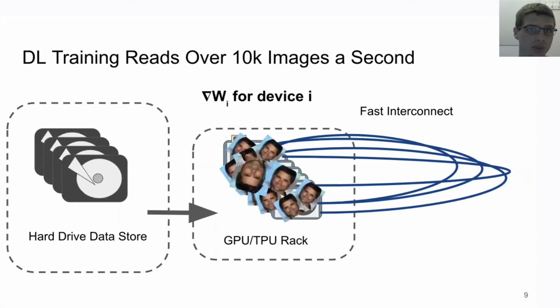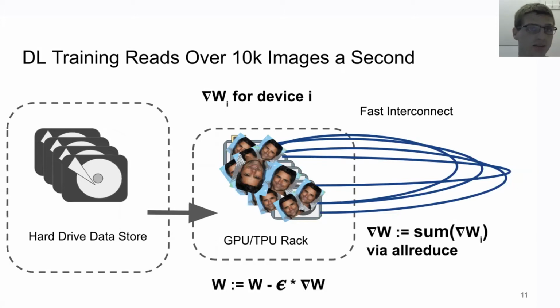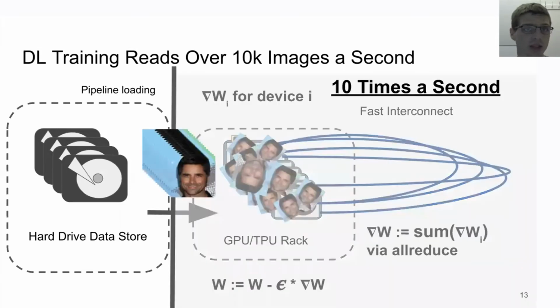During each step, those images are partitioned, and each device calculates gradients to improve the model. The gradients are summed across the devices, and the final gradient is applied to the model. The compute step occurs 10 times a second, which means that with pipelining, the storage system is supposed to be reading over 10,000 images a second.